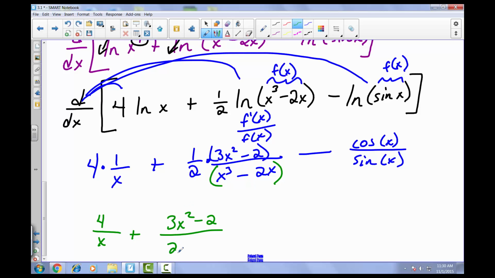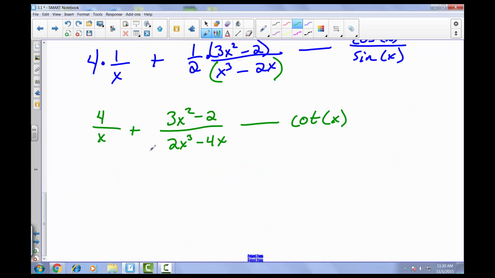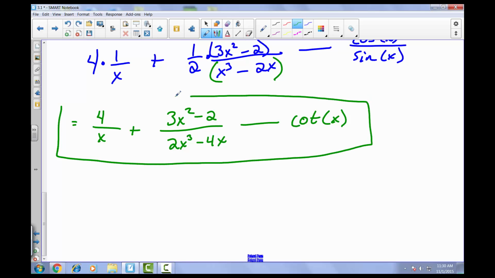So we'll have 2x cubed minus 4x minus cosine divided by sine comes out to be cotangent of x. And so there is our derivative. So again, pretty much you just got to start out by expanding things as much as possible and then take your derivative. Now again though, that is example 8 from our 3.17 set of notes.